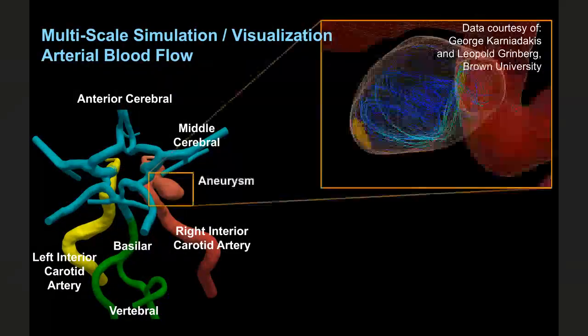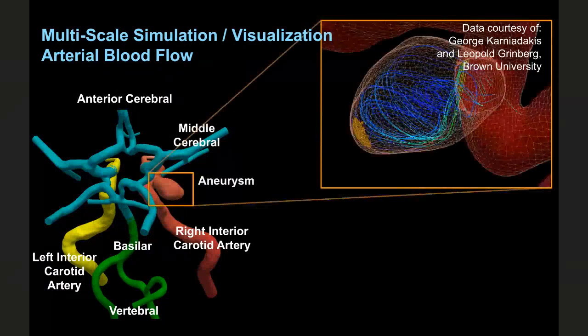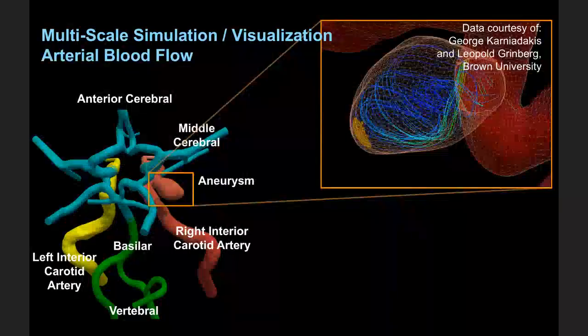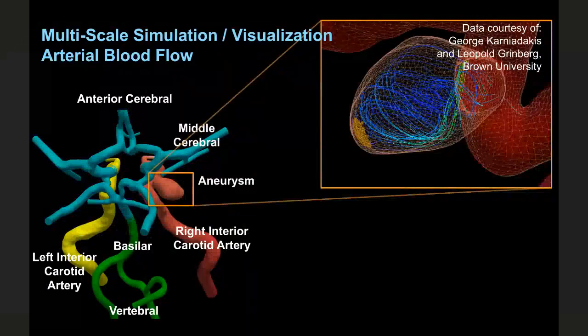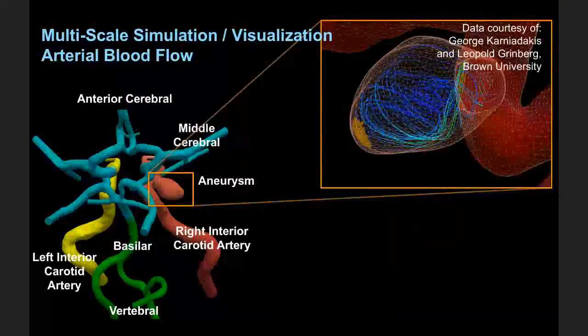So what we're looking at here on the left is arteries in the brain that were reconstructed from real patient MRI data. And in particular, the thing they're interested in is looking at this balloon structure, this aneurysm that's formed on the wall of one of the arteries.